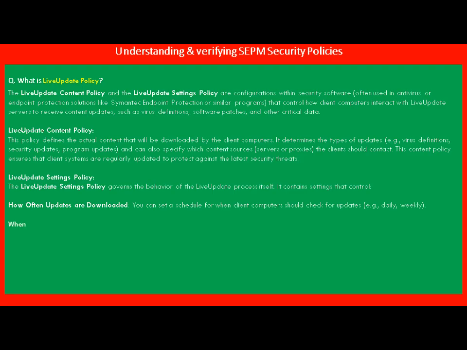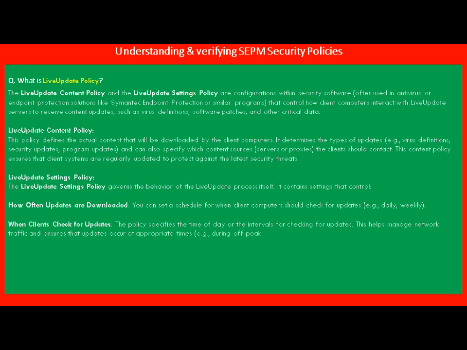These are the schedules you can define. Then when clients check for updates, the policy specifies the time of day or the interval for checking for the updates. This helps manage network traffic and ensures that updates occur at appropriate times, like during the off-peak hours.